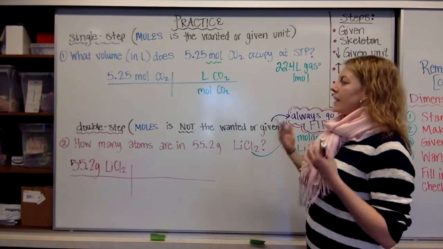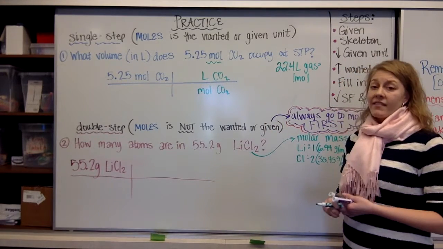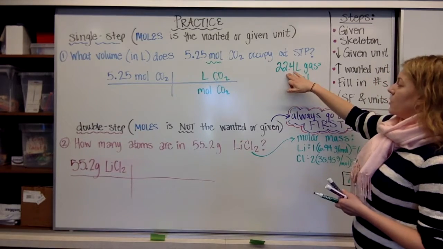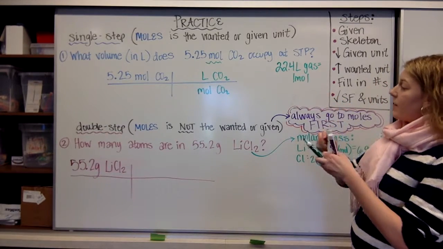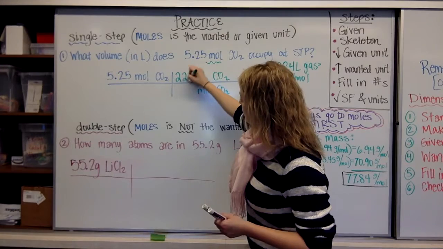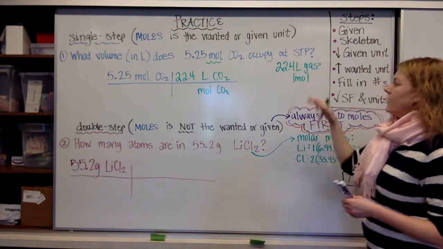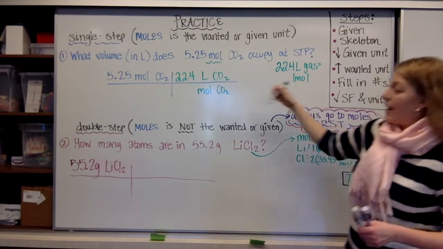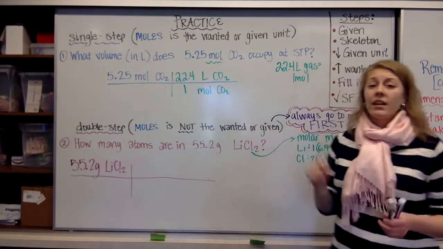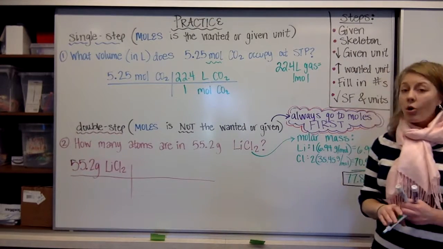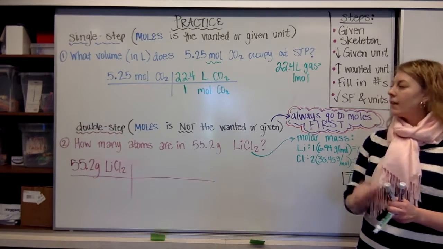Do you have to write liters? Yes. Do you have to write CO2? Yes. Okay. Now I need to fill in from my equivalency statement my numbers. 22.4 liters of a gas equals 1 mole of that gas. Now, with all of these that we're doing, your number of moles will always be 1. Okay?